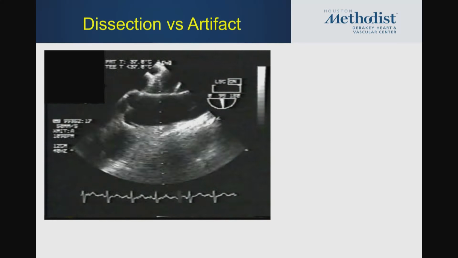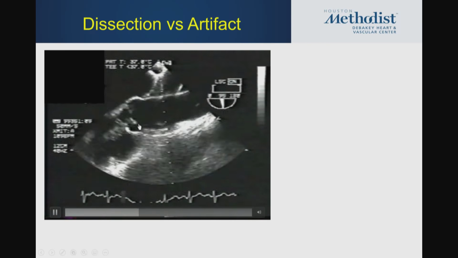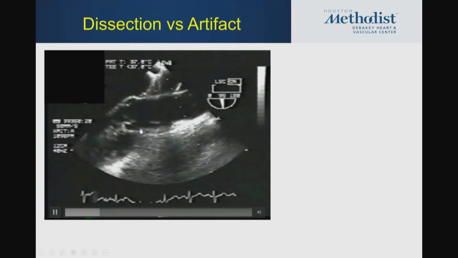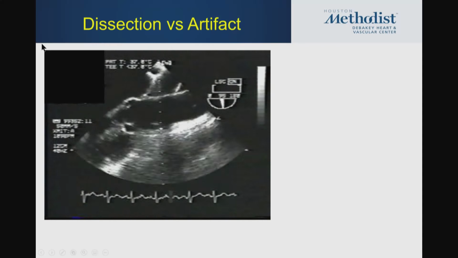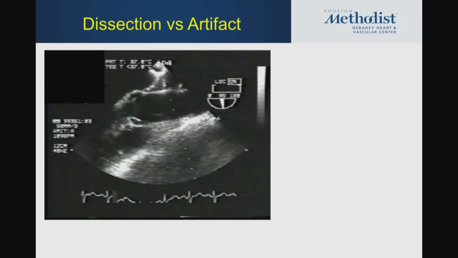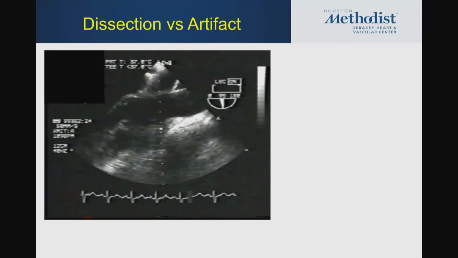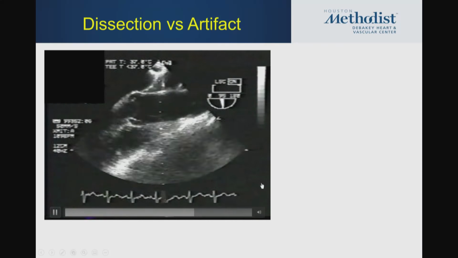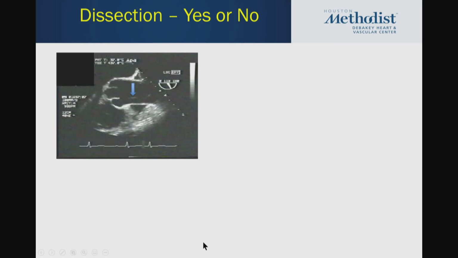Actually, it's interesting because this was a TEE done in a woman with acute chest pain, concerned with dissection, and she happened to be one of the leaders in the lay public association for dissections, for Marfans. Well, good news for her. You can see very nicely that this was parallel and she just had chest pain for other reasons. But first look was kind of scary.